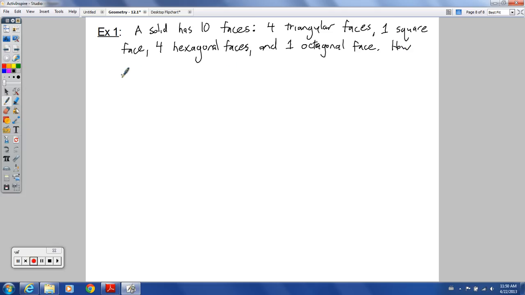And we're going to try to figure out how many vertices the solid has. How many vertices does the solid have?